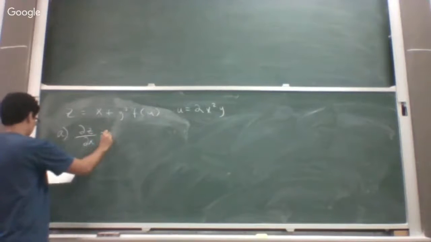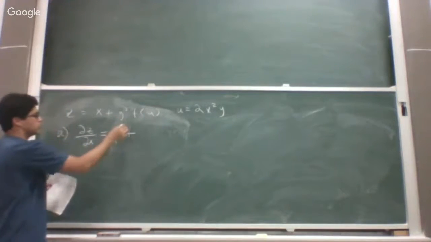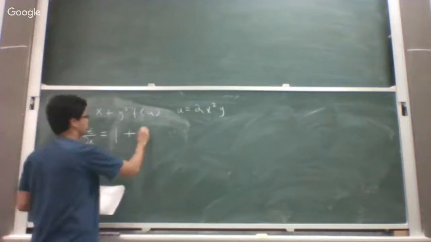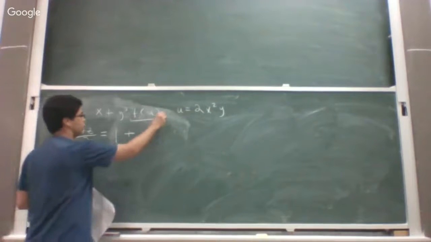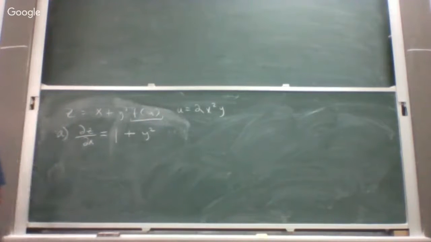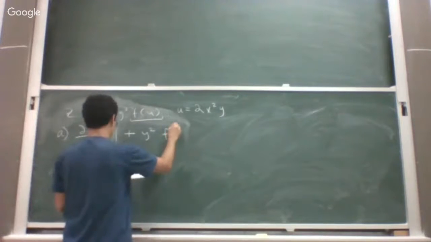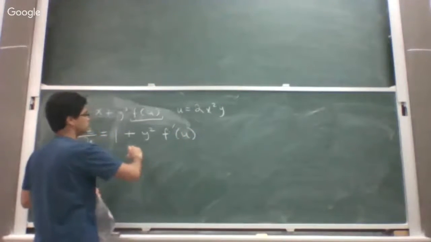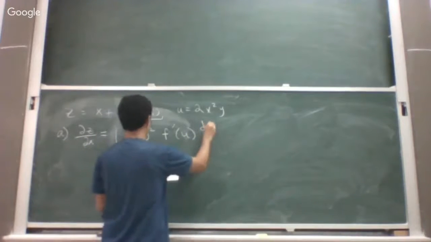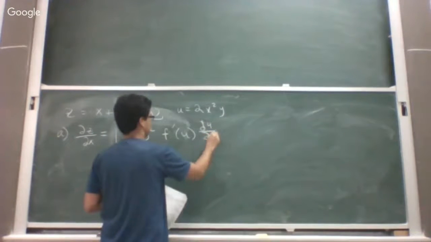So the partial derivative is equal to 1 plus, now the y squared acts like a constant, so we just write y squared. And we still need to take the derivative of the function of u, since u is in terms of x and y. So we can write f prime of u times the partial derivative of u with respect to x.